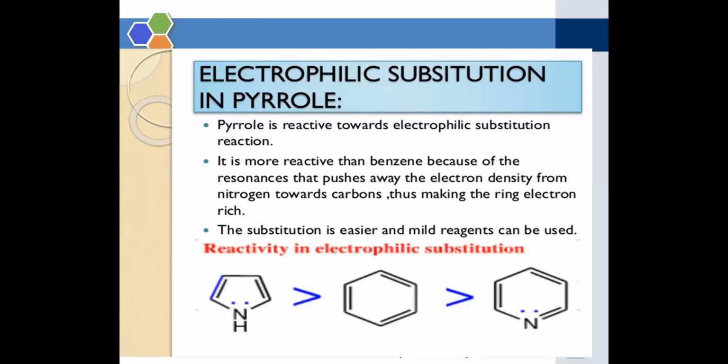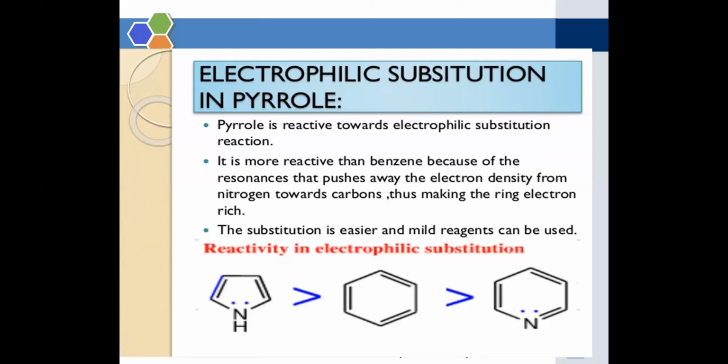Okay, why? Now you understand. Whenever you give an explanation for all these things, please write the resonating structure and tell that the lone pair of electrons in pyrrole is pushed towards your carbon. In doing so, it increases the electron density in the ring.